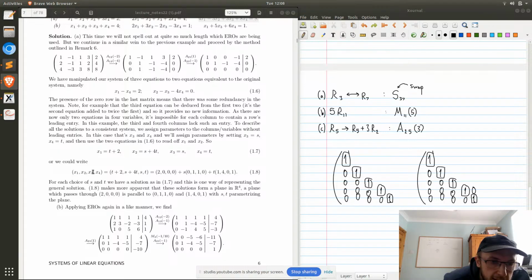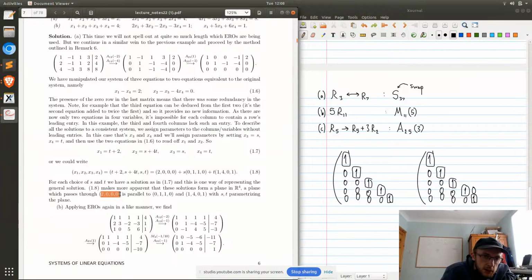At this point, this makes more apparent that these solutions form a plane in R4, four-dimensional Euclidean space. A plane which passes through that point right there and is parallel to these 2 points right here. Let me think about that.